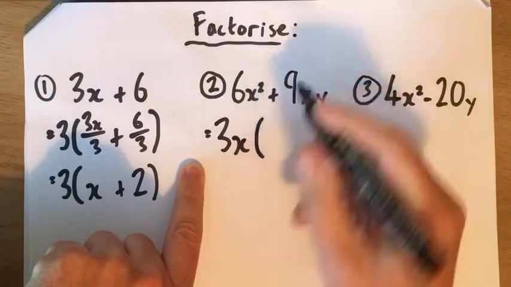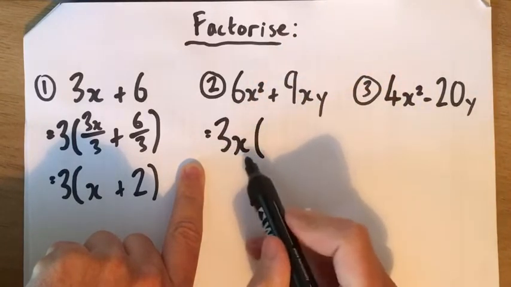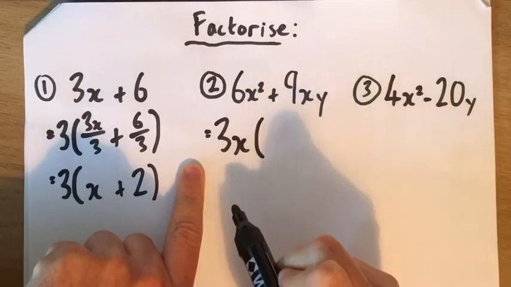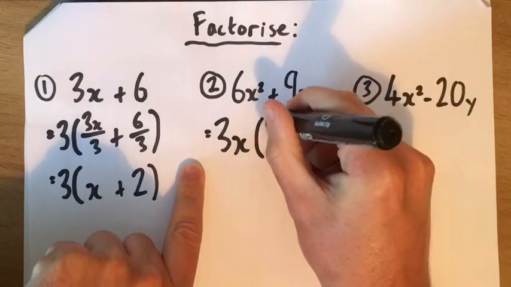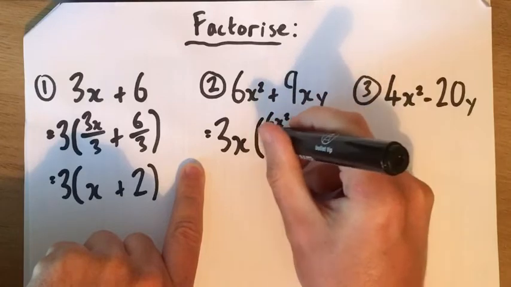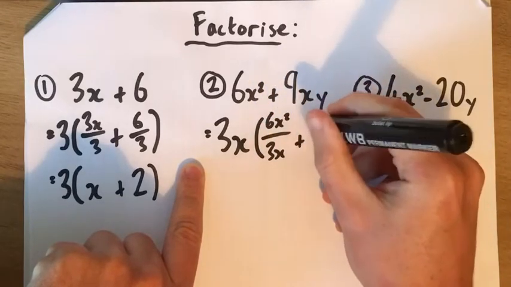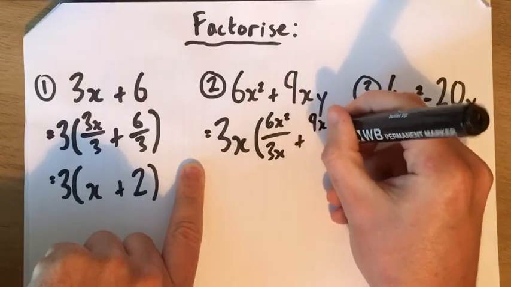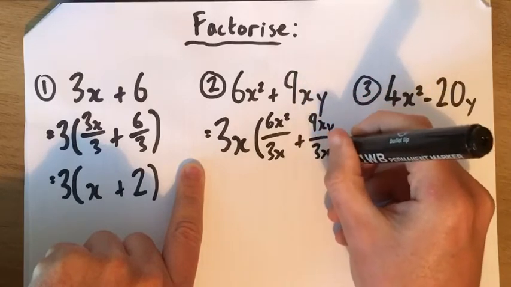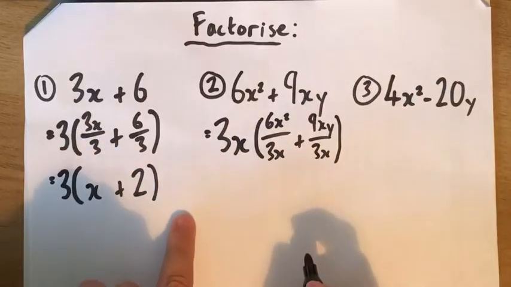Whatever you take outside that bracket, you're going to divide both of these by it. So you're going to get 6x squared divided by 3x, and then 9xy divided by 3x.